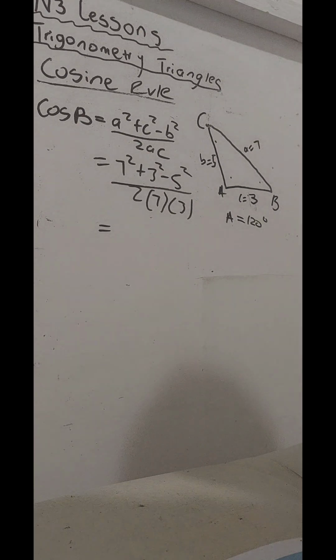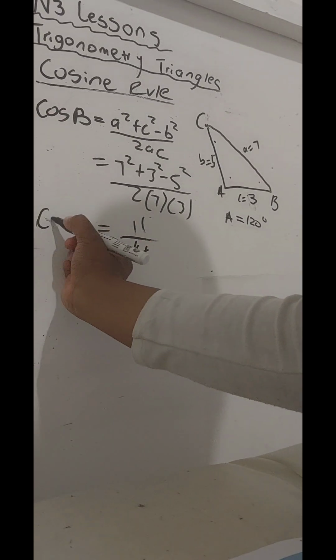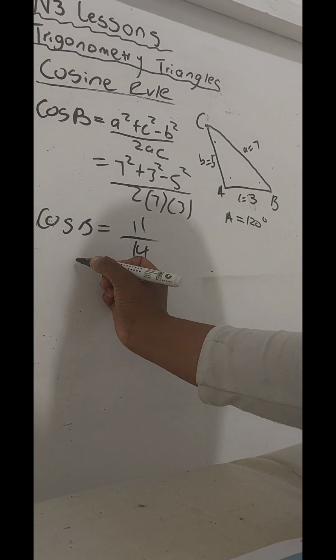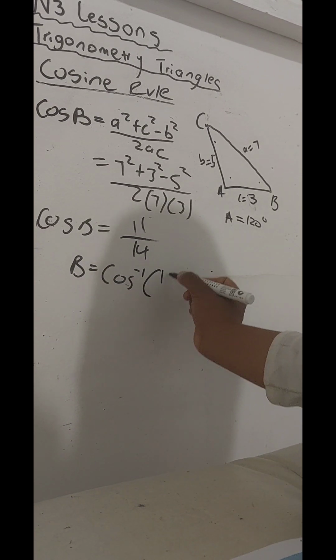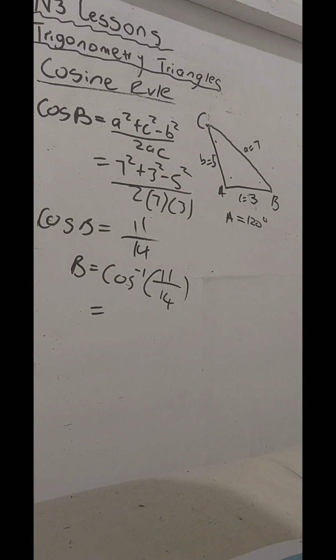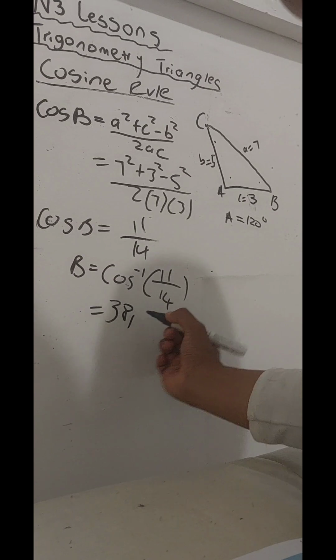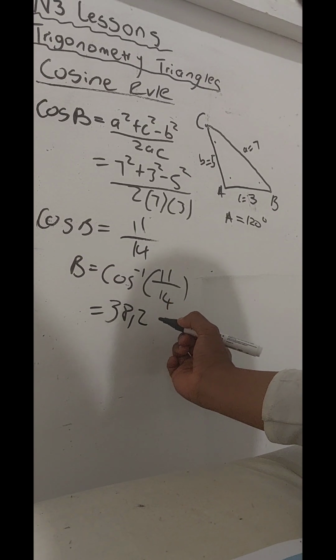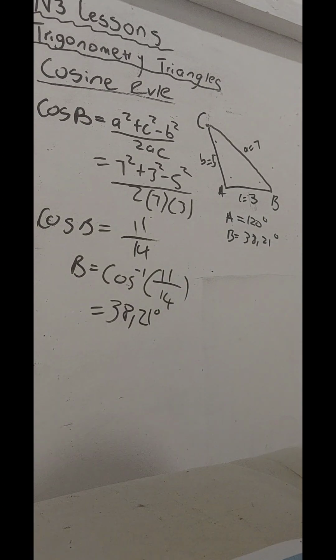What do I get? I get 11 over 14. Still have cos B, so B is going to be cos inverse of 11 over 14. What is B, guys? Solve. Angle B is equal to 38.21 degrees.